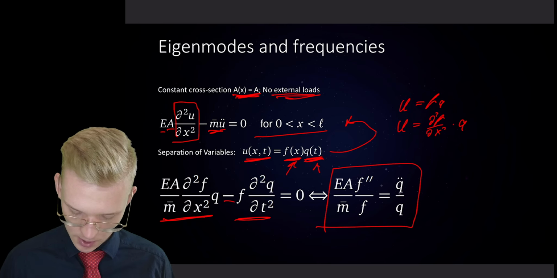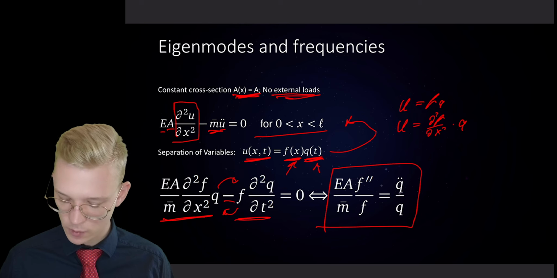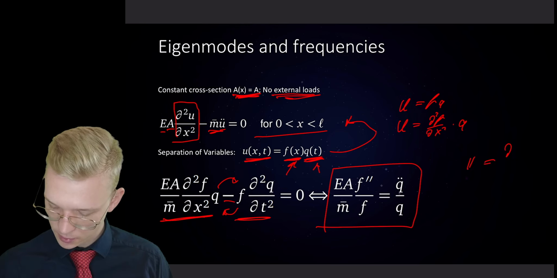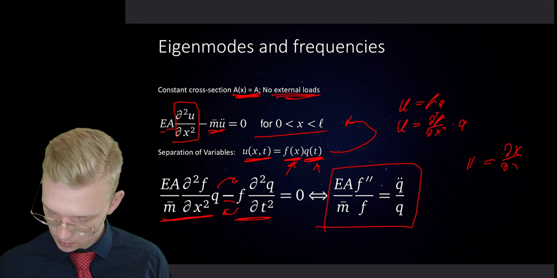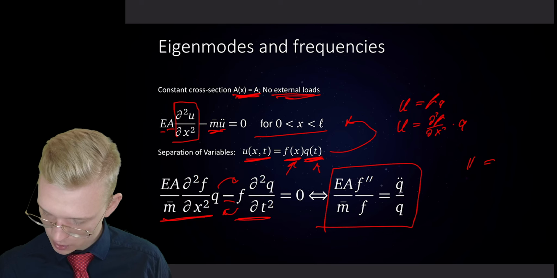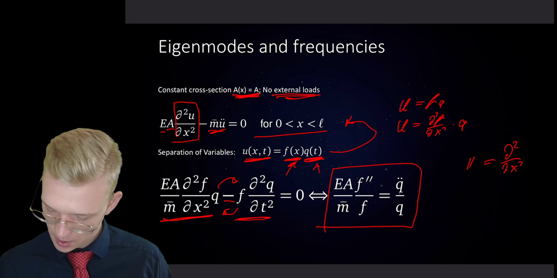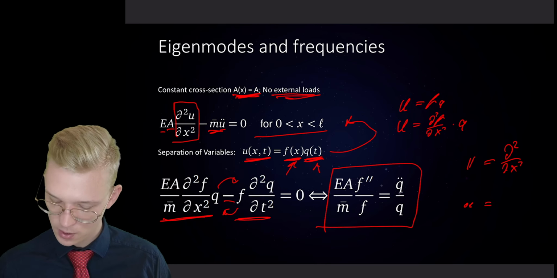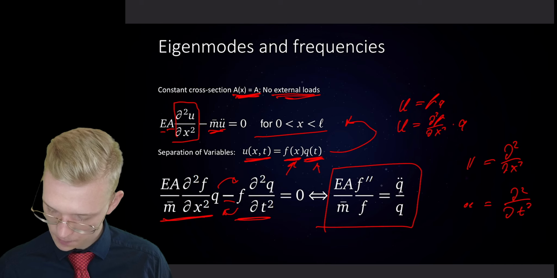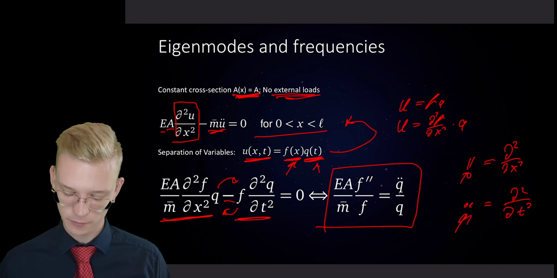So we can set this equal, put the f to the left, the q to the right, and we will get this equation, where dash is equal to d squared dx squared, and dot dot is a derivative in time, so d squared d time squared. So dot is our time derivative and dash is our space derivative.